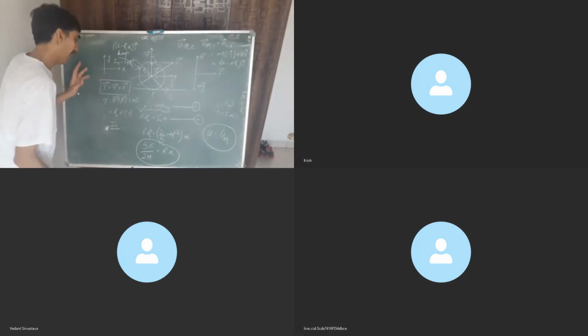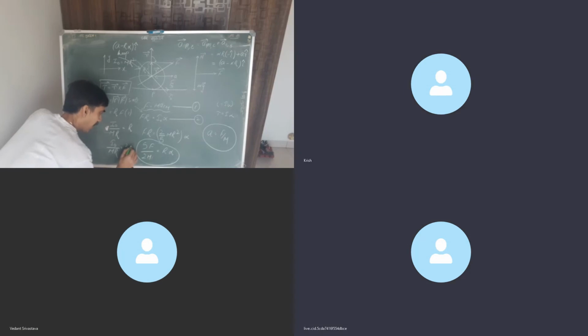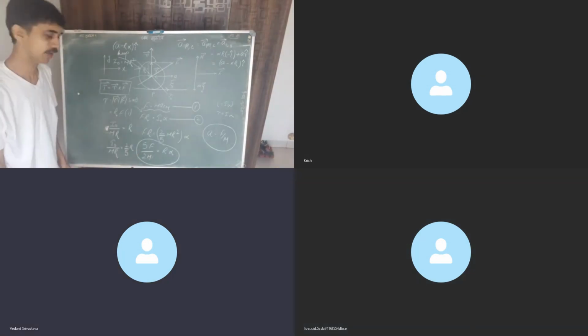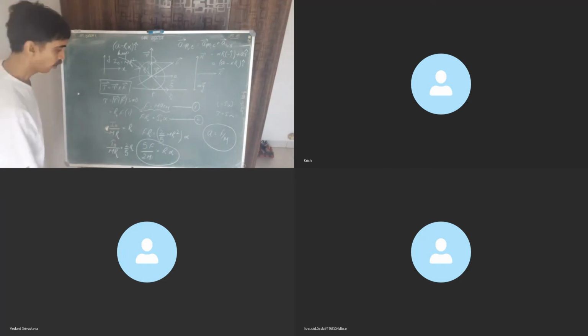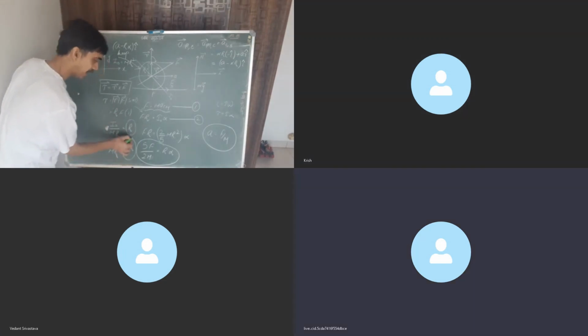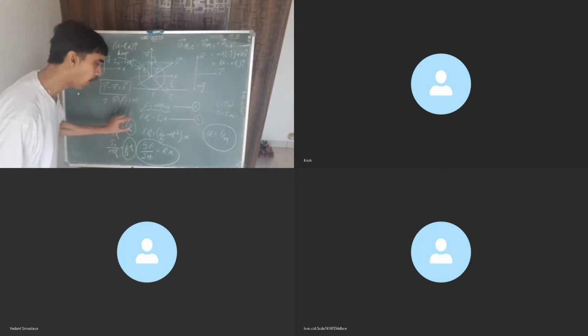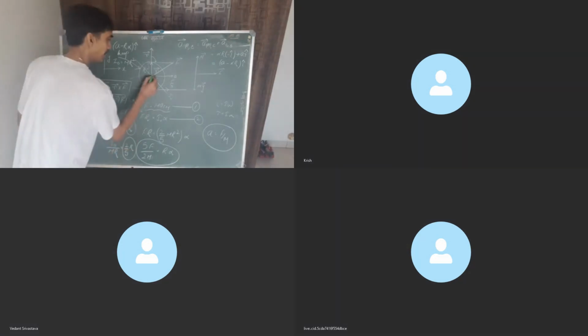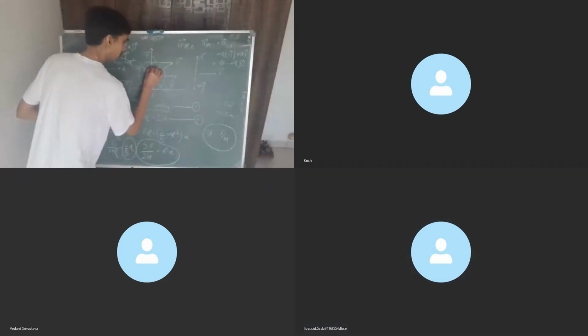So if you divide I naught by MR, whatever you get, in the case of ring I get R, in the case of sphere I get 2 by 5 mr square over MR. If I apply force parallel to horizontal at these points, measured from the center of mass, for the ring it is here, and for the solid sphere it is here.